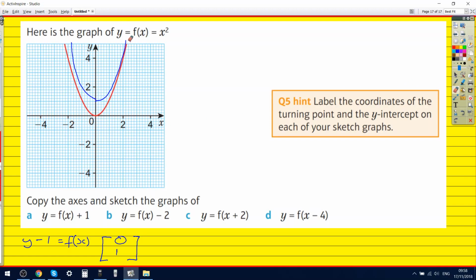How about the next one, part B? So here will it just go down 2? Correct. So this 0, 0 becomes 0, minus 2, and so on. How about the next one, C?